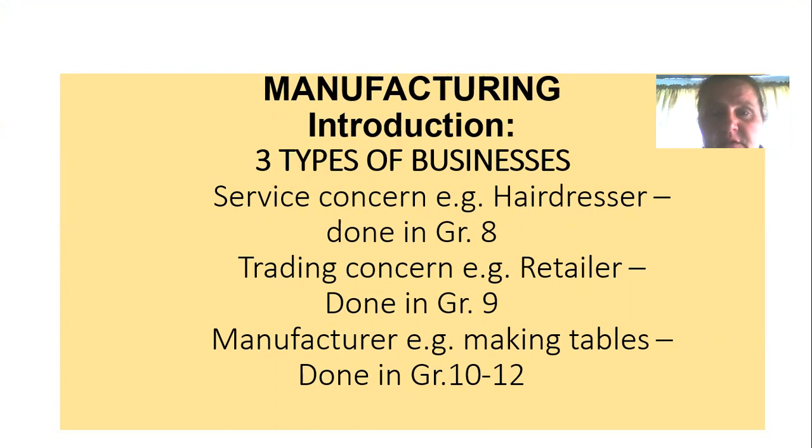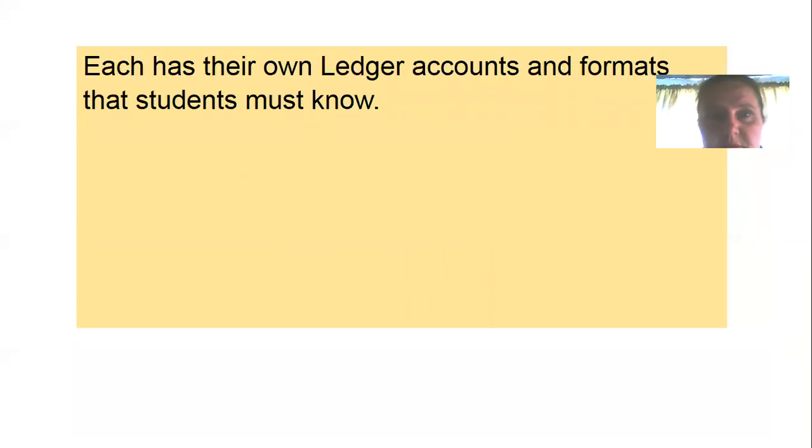We're looking at a service concern, like a hairdresser or a plumber, a trading concern, like a retailer, or manufacturing, for instance, making tables or clothes. That we're looking at from grade 10 to grade 12. Each one of these has its own unique ledger accounts and formats that you need to know.